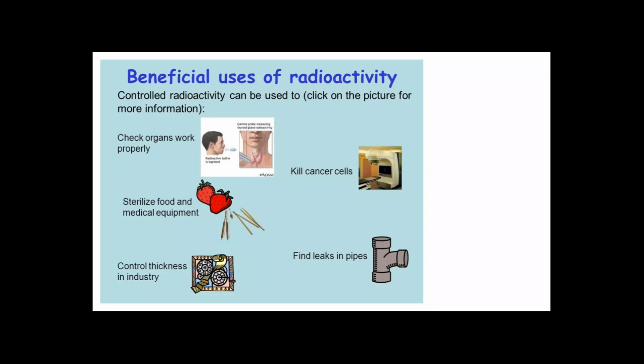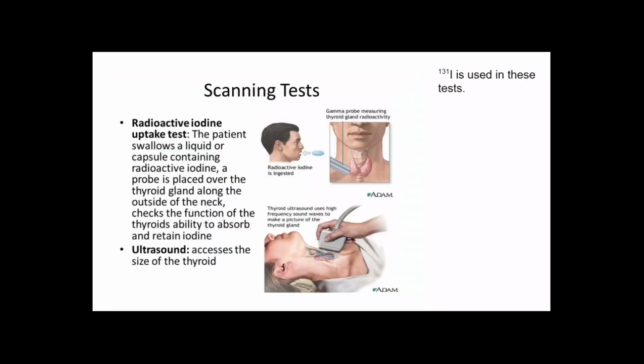It can also be used to sterilize food and medical equipment. It can be used to control thickness in industry. It can be used to find leaks in pipes. There are other things such as carbon dating or radioisotope dating.